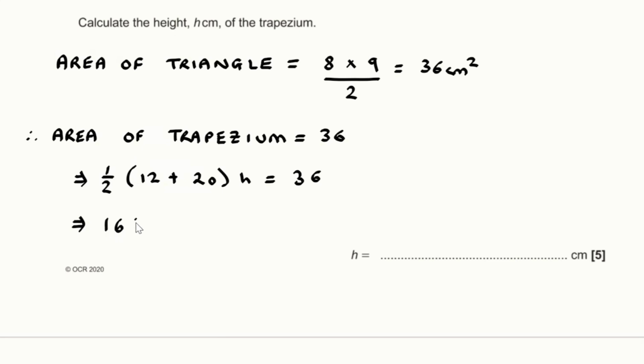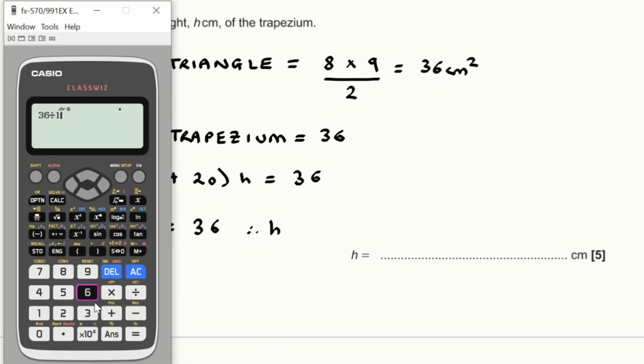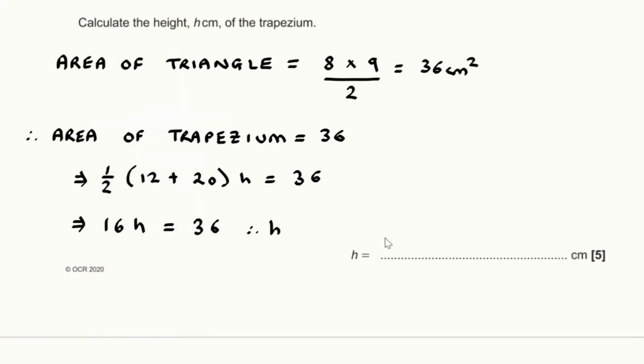So I've got 16h equals 36, and if I find out what h is, 36 divided by 16 is 2.25. So therefore, h is equal to 2.25.